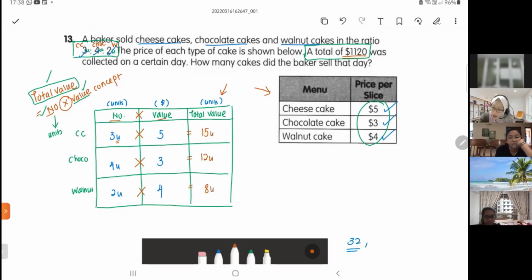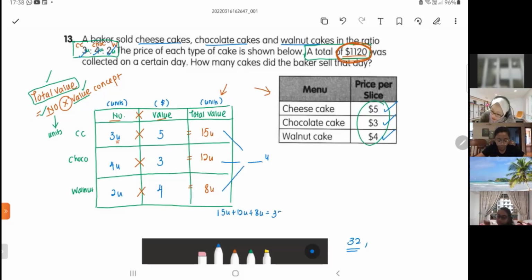Okay, now I know that the total value is 1120, but what I have here is a total value in terms of units, which is 15 units plus 12 units plus 8 units. That will give me 35 units. Okay, this is 35 units.